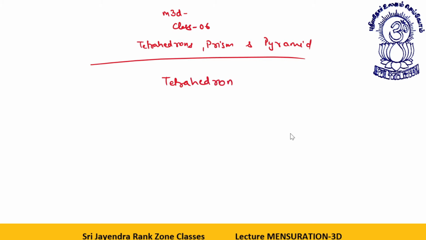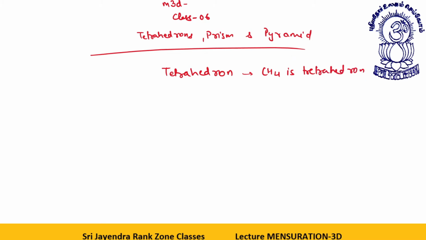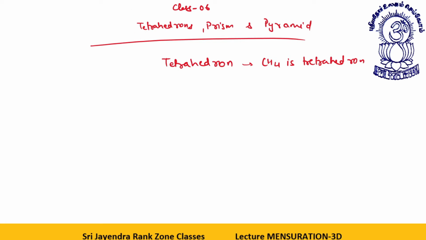What is a tetrahedron? You must have studied the structure of CH4 is tetrahedron. How do we draw a tetrahedron structure? I will show it to you with full clarity.